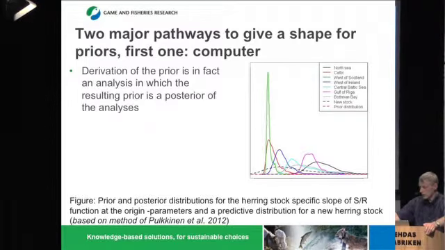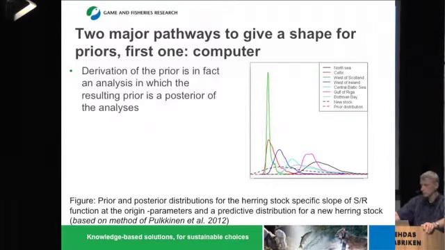When one tries to really put a shape to the prior, whatever the origin of the prior information, there are two major pathways to follow.